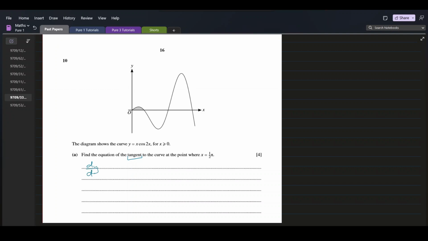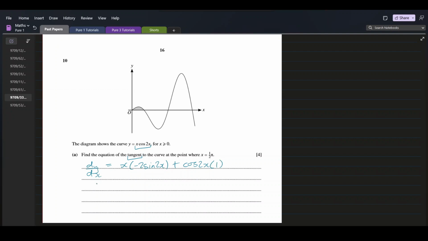dy/dx is equal to, we're going to use the product rule. So hold x and then differentiate cos 2x, which gives us negative 2 sin 2x, plus hold cos 2x and then differentiate x, that gives you 1.